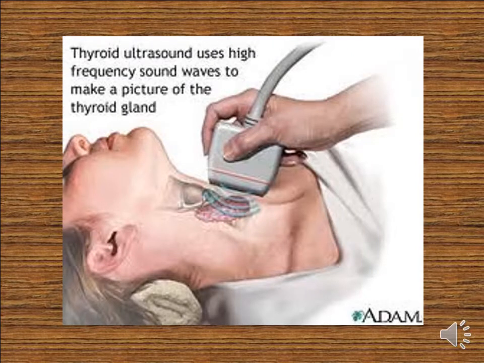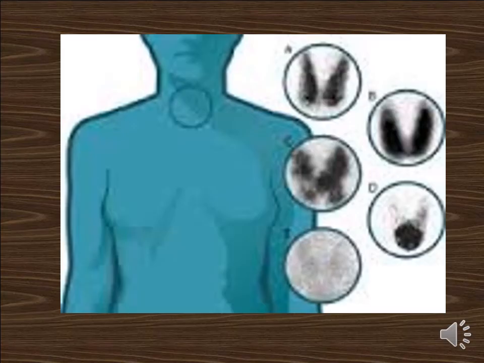This figure shows how we can examine by ultrasound, which uses high-frequency sound waves to make a picture of the thyroid gland. This figure uses a radioactive substance showing hot and cold areas, which means scanning the thyroid gland and its function.